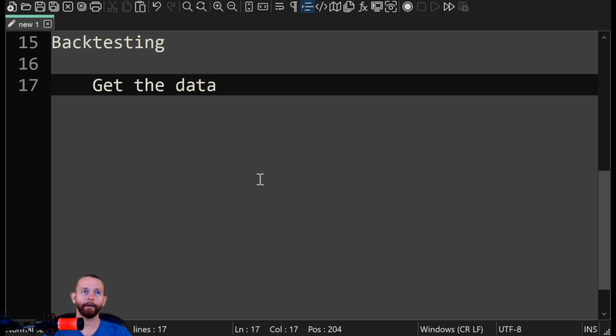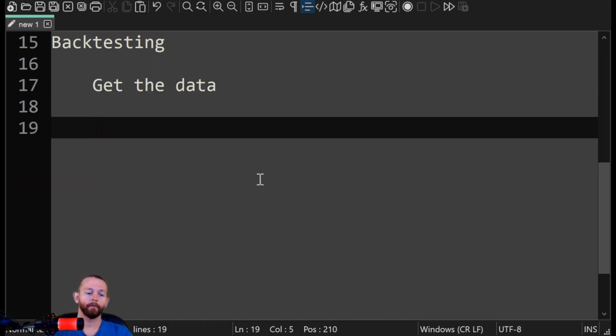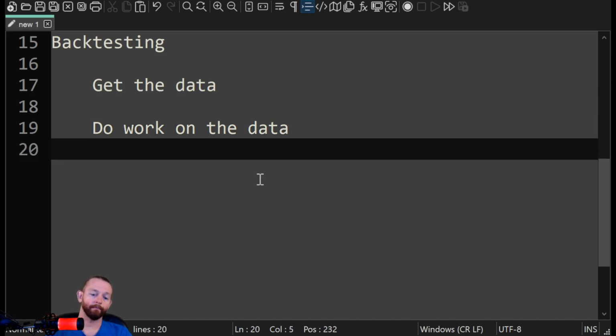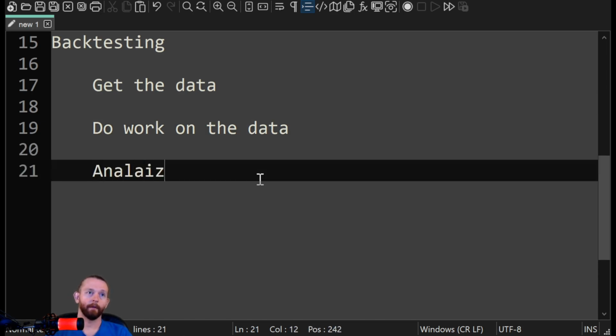So we need to get the data. We need to do work on the data. So create algorithms, run these data sets through these algorithms, and then get a result back. And then we need a way of analyzing and visualizing the data.